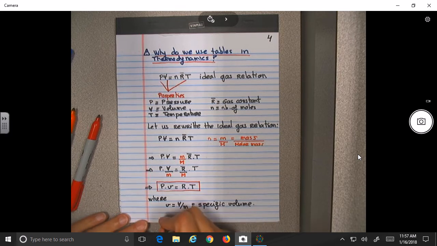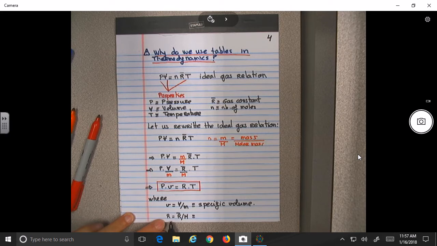And in this case, R will be R bar divided by M. This is still called the specific gas constant, but this time this R will be related to a specific gas, so let's say air, nitrogen, or whatever.